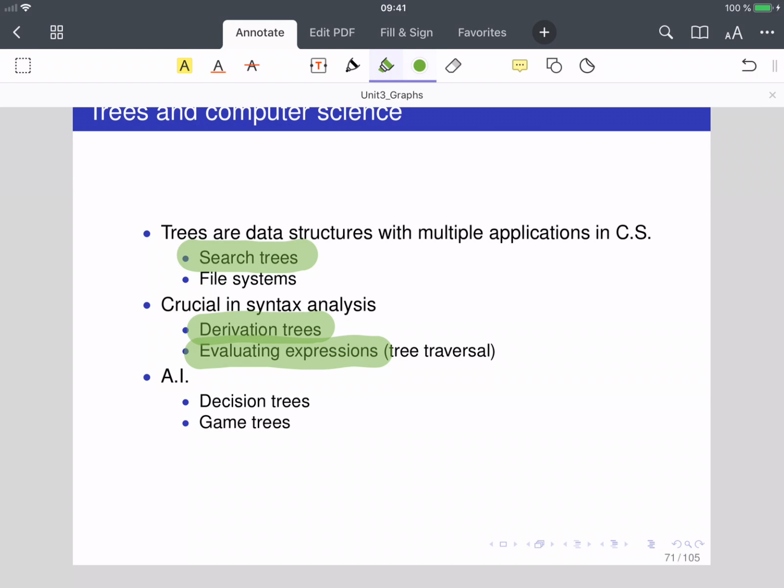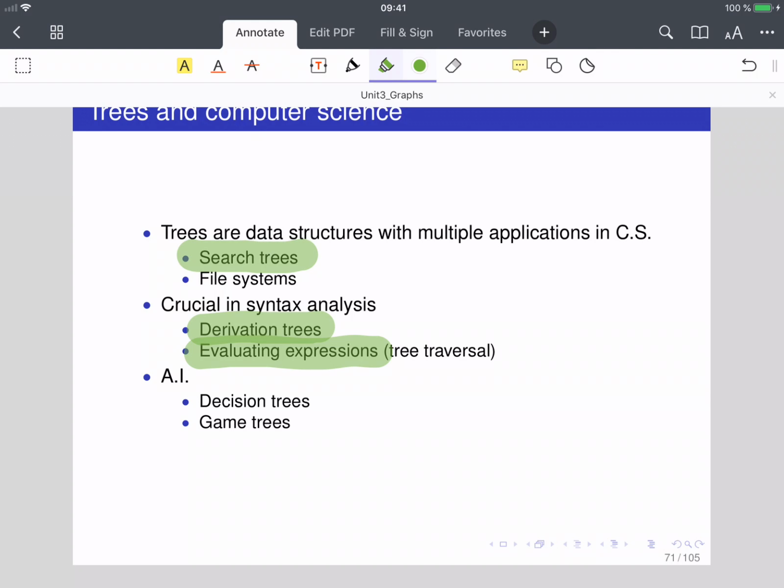Okay, and you will study balanced trees and B trees and different kinds of trees that you will implement, and you will see the different properties and when it is better to use one kind of tree or another kind of tree for search tasks.